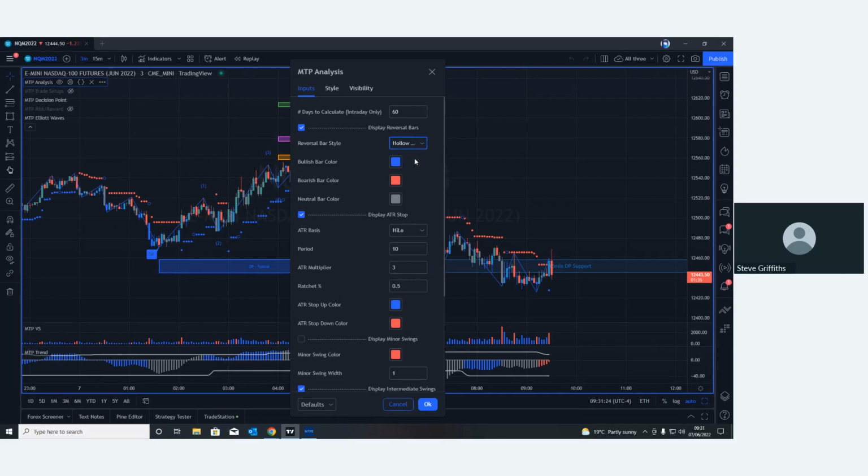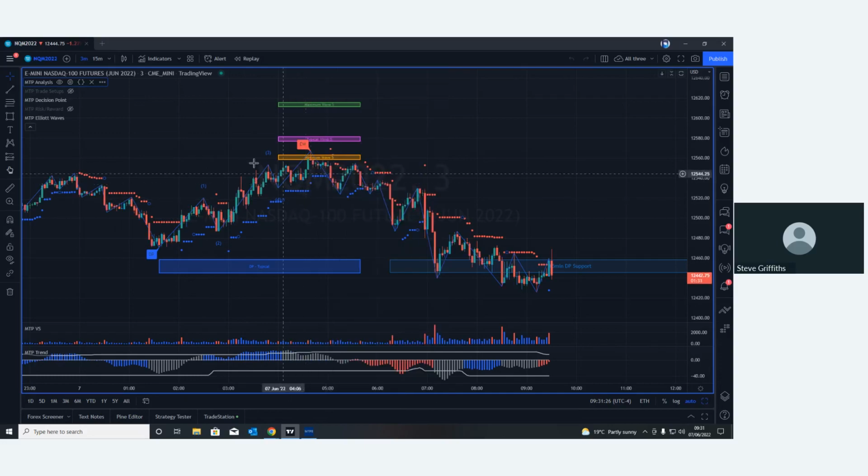Hollow candlesticks, then make sure that on the TradingView chart, you also have hollow candlesticks as well. So if you have the same, then it just makes things look a bit smarter. Or perhaps if you just use open, high, low, close bars on here, just make sure you have the same in your MTP analysis scripts as well. So just make sure they're the same, and if they are, it just keeps your charts looking a little bit smarter.